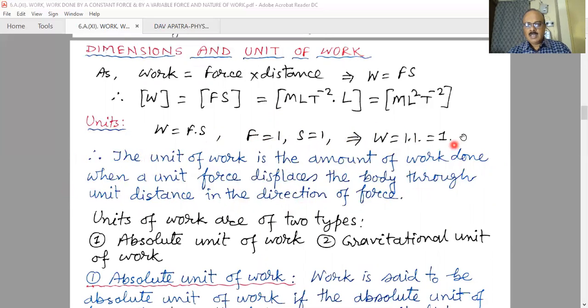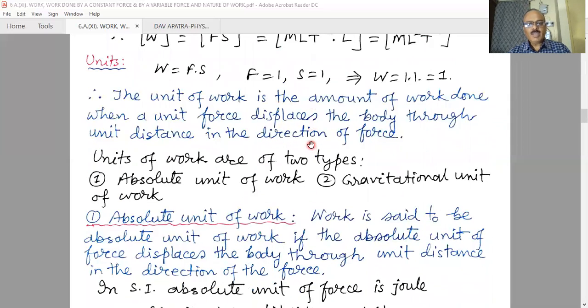That means you can remember it this way: when S is equal to 1 and F is equal to 1, in language, when a unit force is applied on an object and there is a unit displacement in the same direction as the applied force, then the work done is taken as the unit work done.